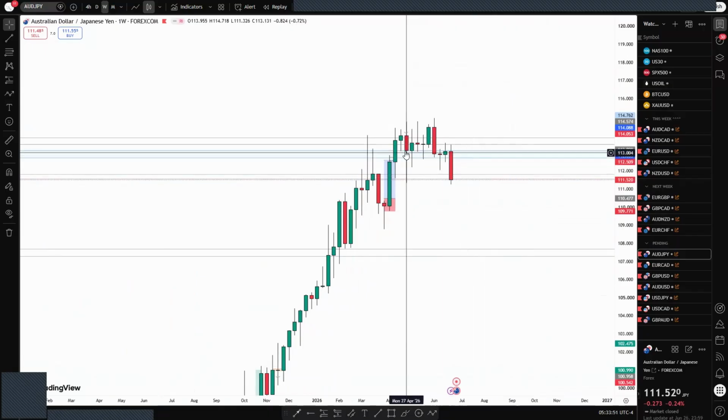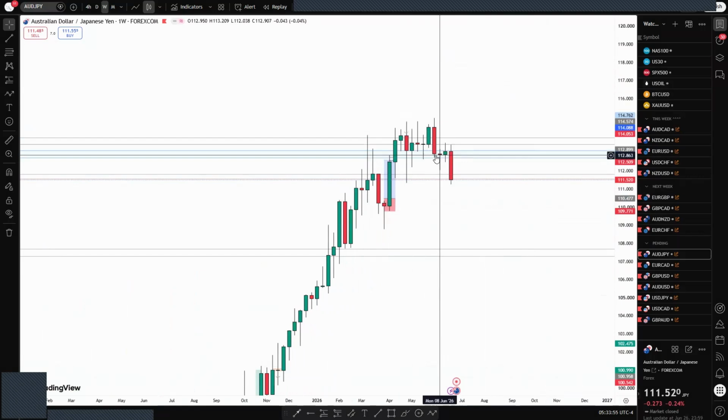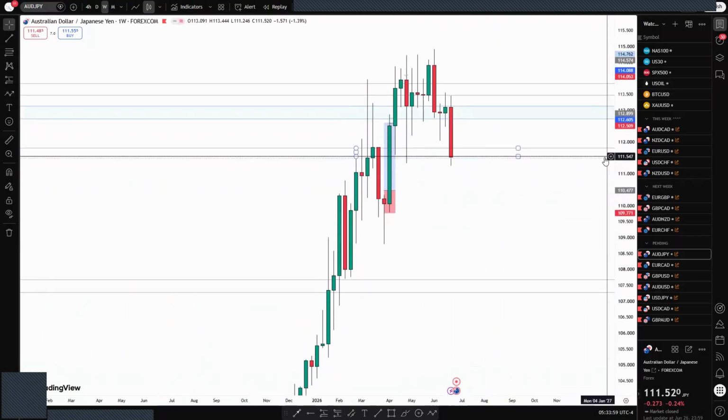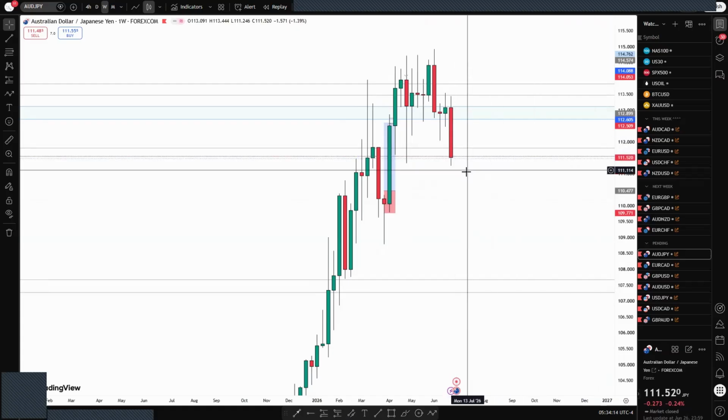Okay, price made a break, and price made, for the four-hour time frame, maybe for the weekly time frame. So in this case, you can see the weekly time frame has made another lower low.